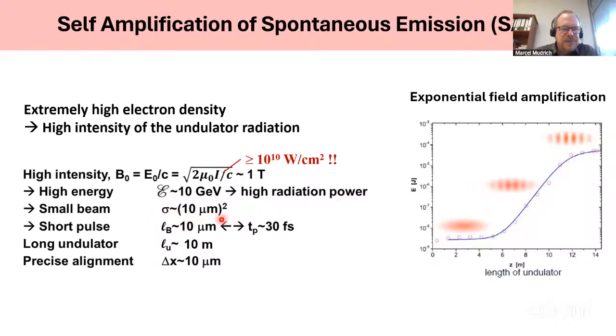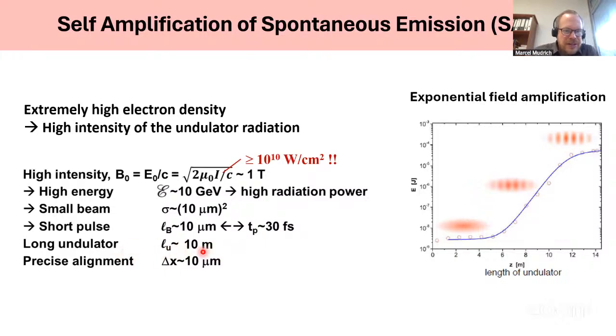We need a very small electron beam, on the 10 micrometer square length scale, or short pulses. In this case, the electron bunches should not be picoseconds or 30 picoseconds long, but femtoseconds long, to compress all the electrons into very short bunches, again, to increase the electron density as much as possible.